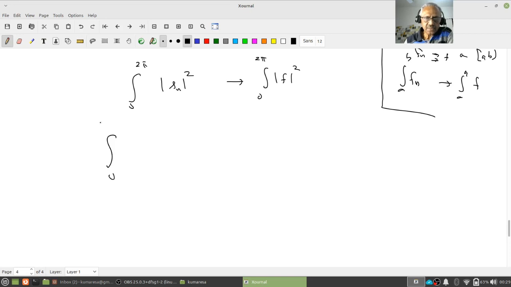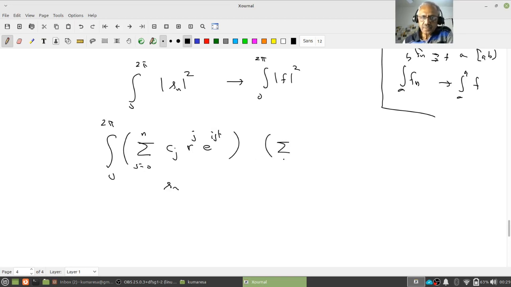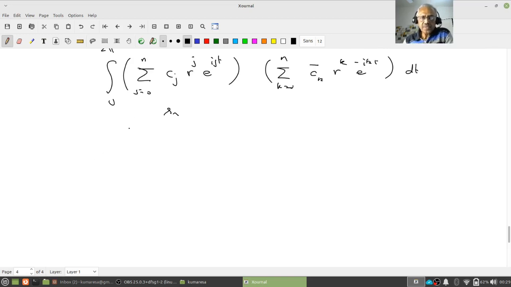This is nothing other than the integral from 0 to 2 pi of the summation c_j r^j e^(ijt), j running from 0 to n, and this is my S_n, and S_n bar is going to be, now write k equal to 0 to n, c_k r^k e^(ikt) and its bar, therefore it's going to be c_k bar, and the complex conjugate of e^(ijt) is e^(-ijt), dt. Are you convinced?